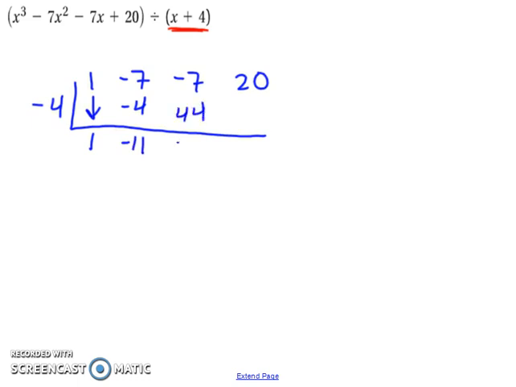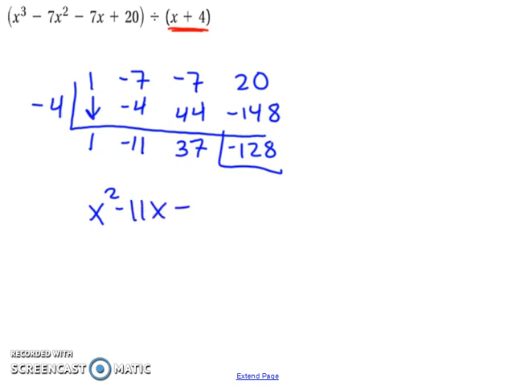I'm going to add, I get 37. I'm going to multiply, I get negative 148. I'm going to add, I get negative 128. There's my remainder. Drop a degree, x squared minus 11x plus 37 minus 128 over x plus 4.